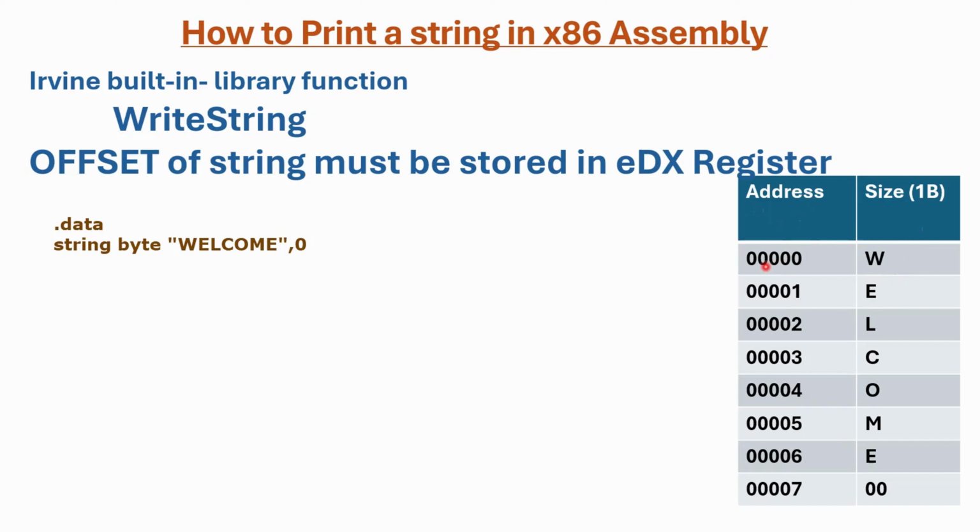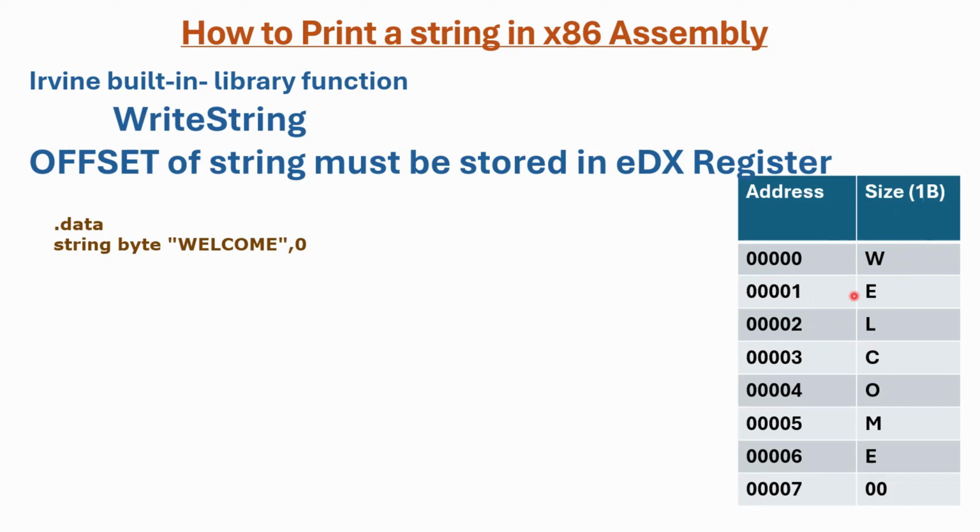If you look at this, this is some random address. I'm just starting at 0. At the 00 location, it is the address, and the data stored is W. I've just written W here, but of course, the ASCII equivalent code of this W will be stored at this location, and it will be 1 byte. That is why I've mentioned here 1 byte.